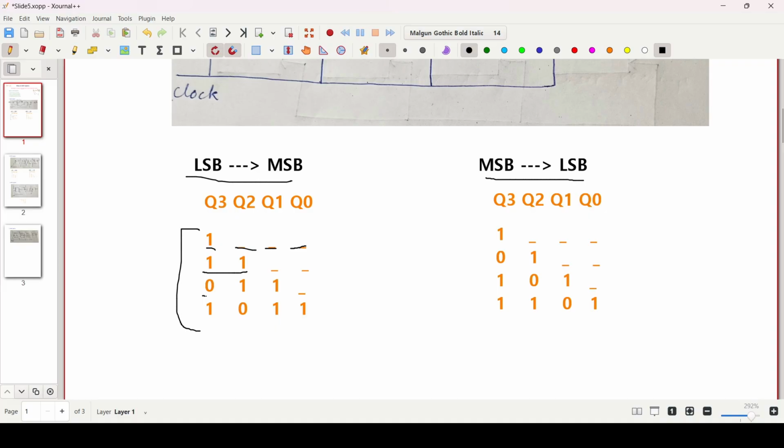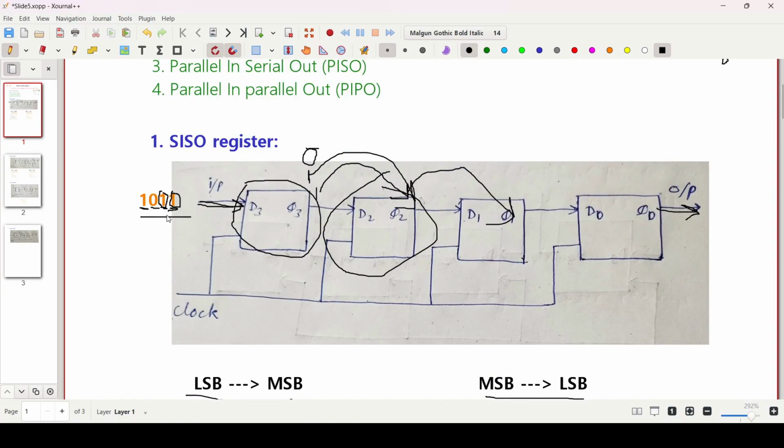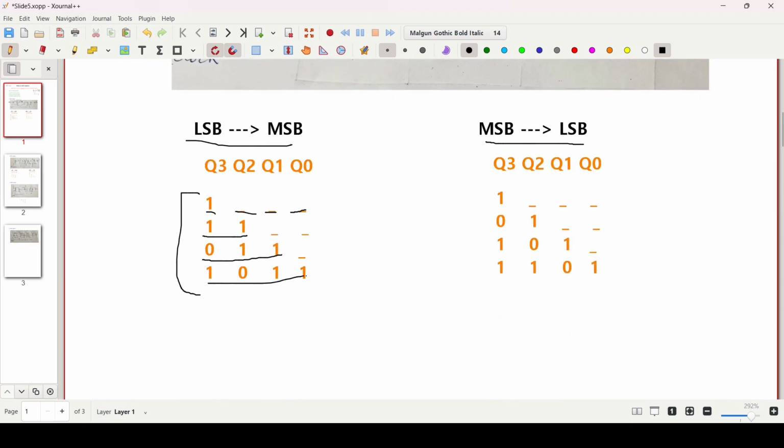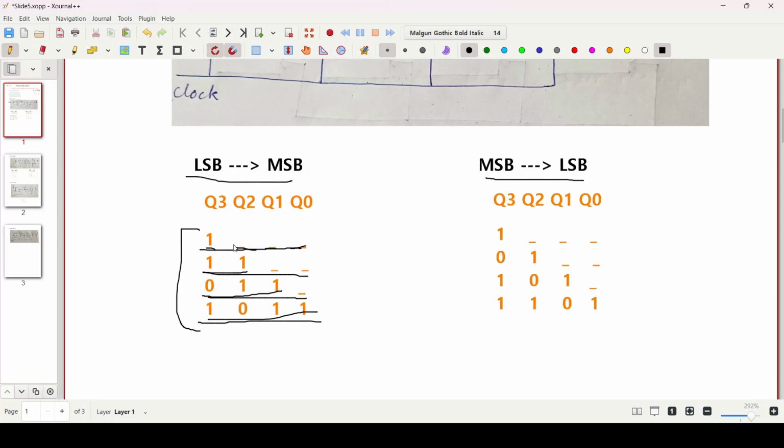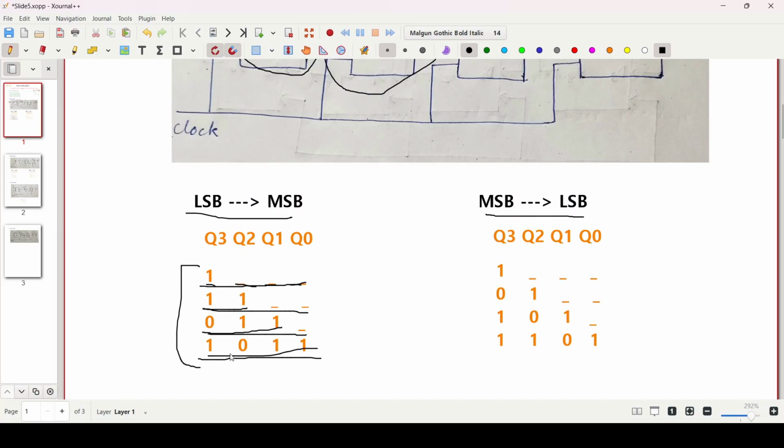So the order will be 0 1 1. And if we input the last bit, then the order will be like this. This order is at clock number 1, this is at clock number 2, this is at clock number 3, and this is at clock number 4. We are applying different numbers of clocks: first clock, second clock, third clock, and fourth clock. So the final order is 1011.